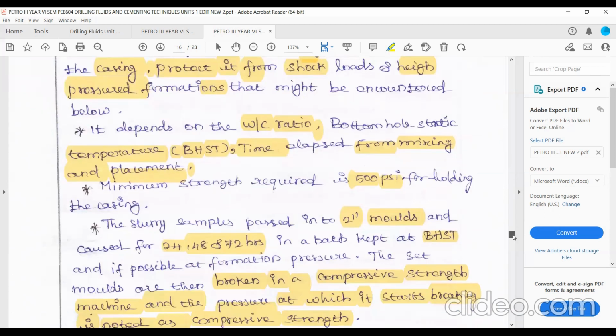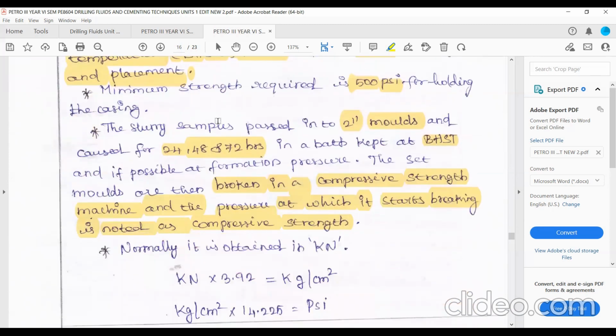Take a 2-inch mold and cure it for 24, 48, and 72 hours. Means it is kept in the bath at bottom hole static temperature conditions. Once the cement sets, take a 2-inch mold. I repeat, take a 2-inch mold, keep it at the temperature of the real conditions of the wellbore, the bottom hole static temperature, BHST, for this many hours, 1 day, 2 days, and 3 days or 4 days.